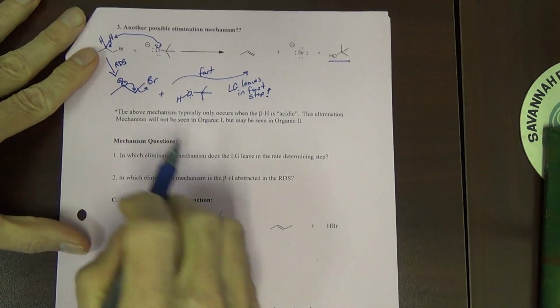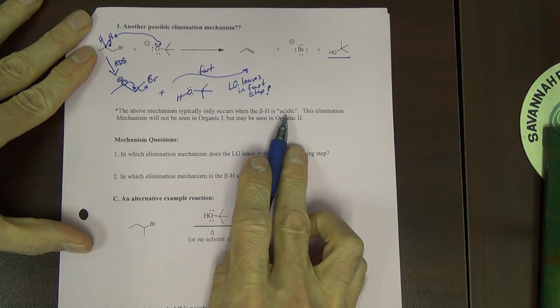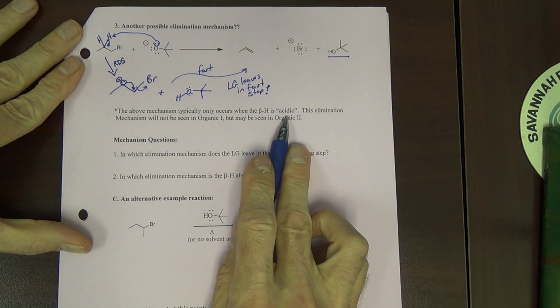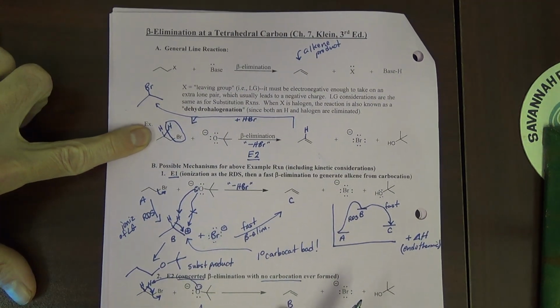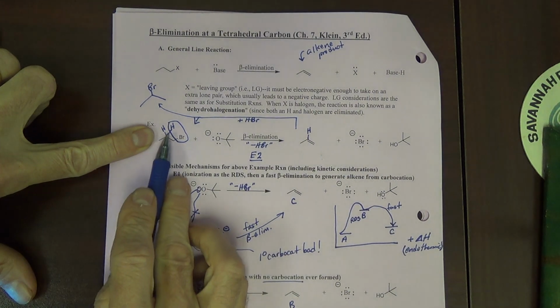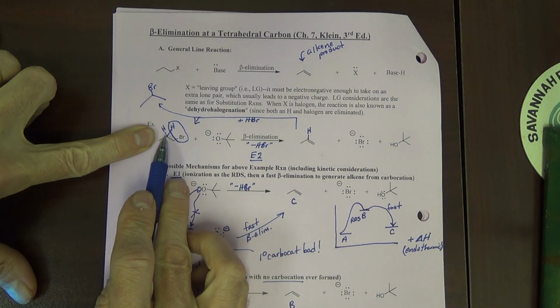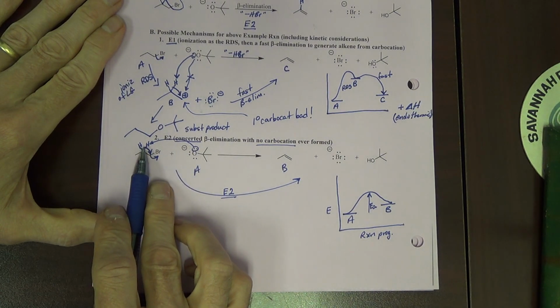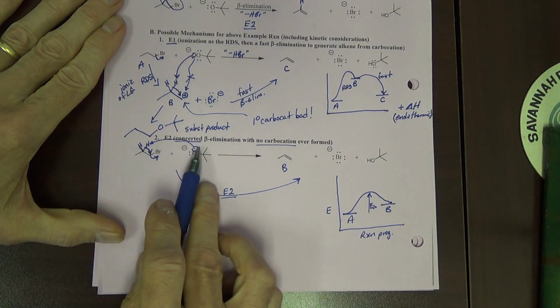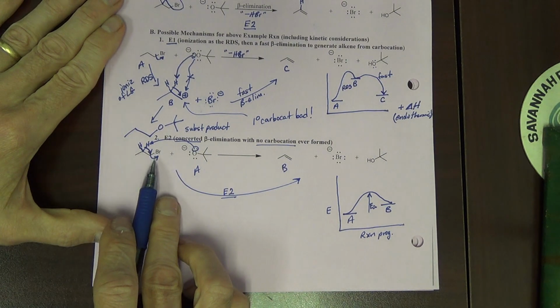It's more rare. This can occur if the beta hydrogen is acidic. Now over here, the beta hydrogen is not acidic. You would never look at this and say, wow, look at this acidic H. It's not. Then you might ask, well, why is the base taking the H then? Well, it's really not doing a traditional acid-base reaction here.